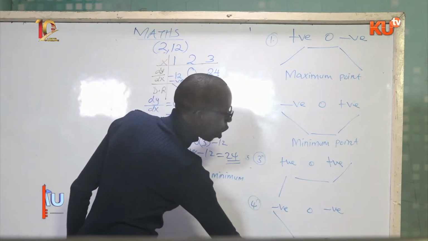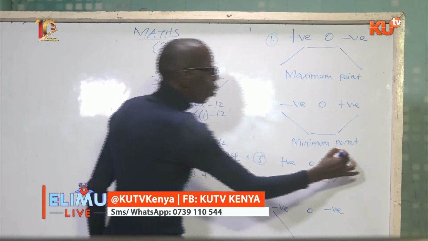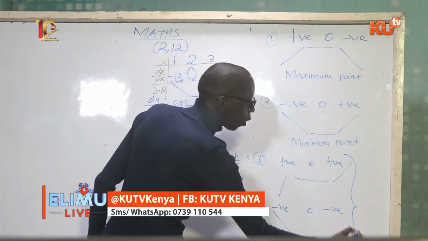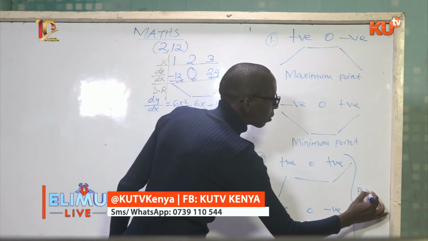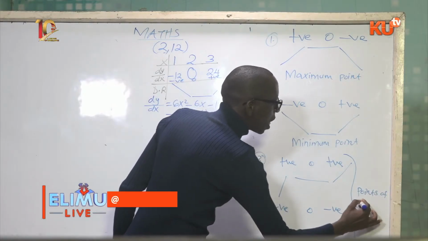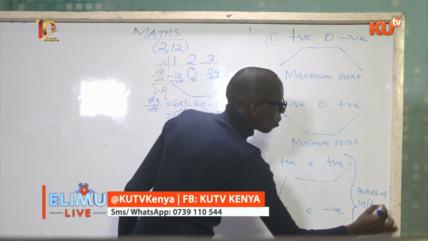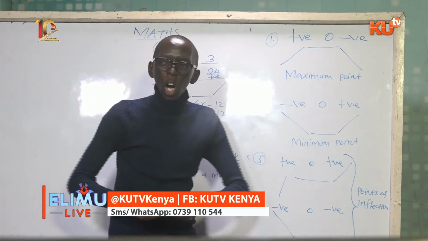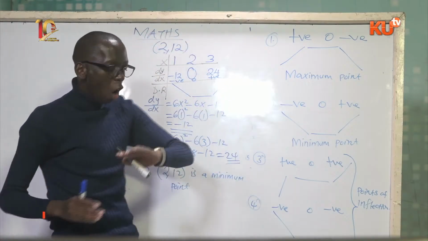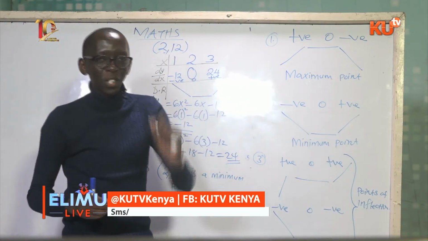These 2 kinds of points are called points of inflection. That is all about the nature of the stationary point.